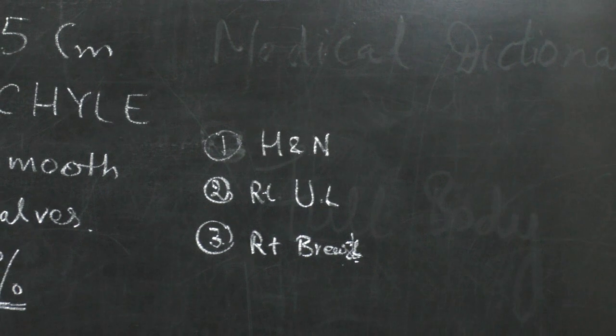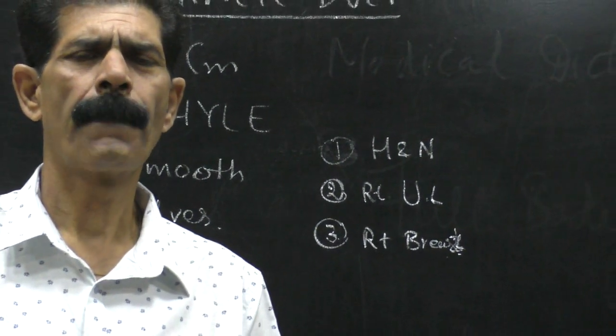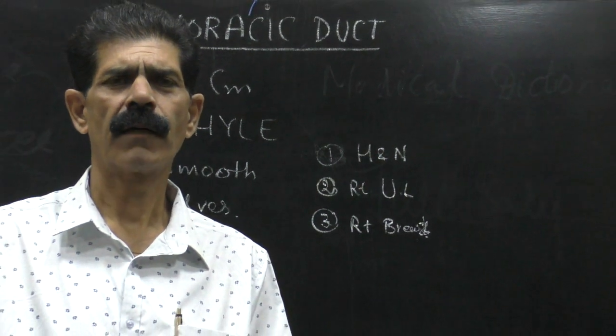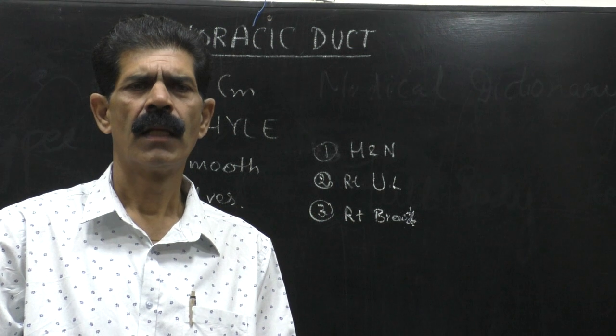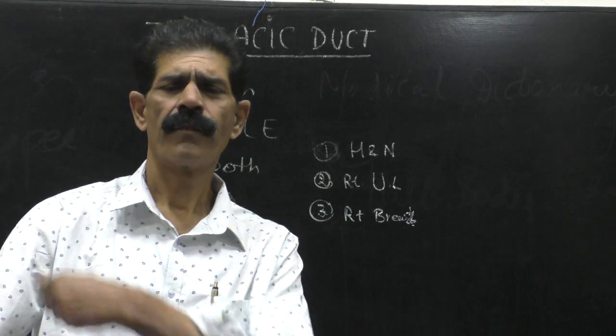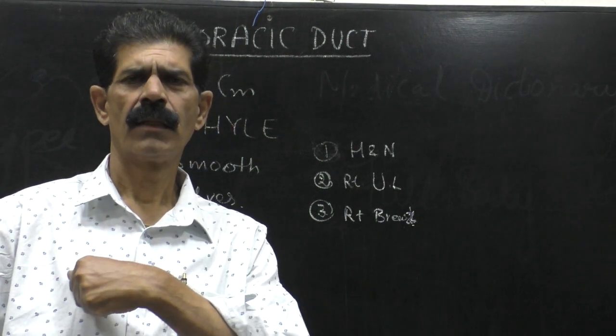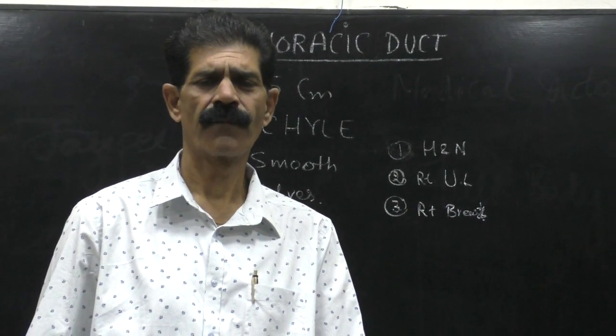So these areas are not drained by the thoracic duct, but the other duct will cover the head and neck area, preferably the neck on the right side, the right upper limb, and the right breast. So these areas are different from the thoracic duct drainage area.